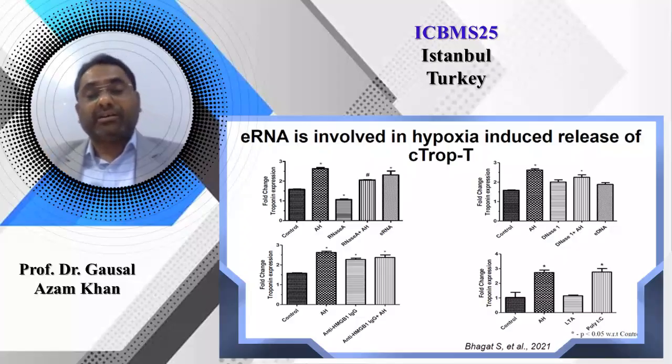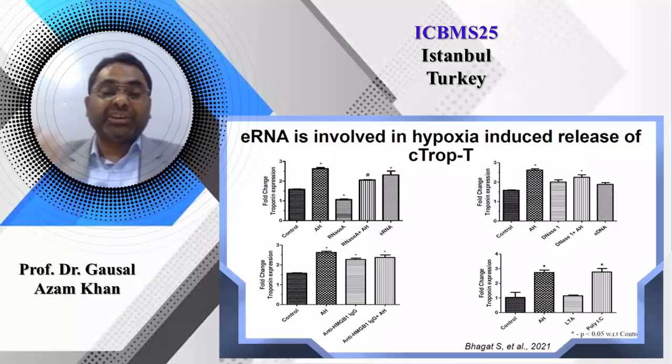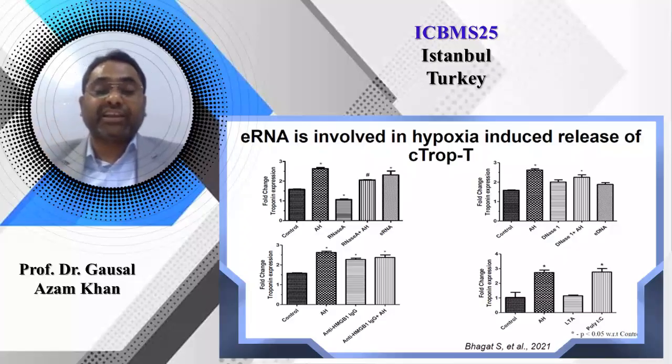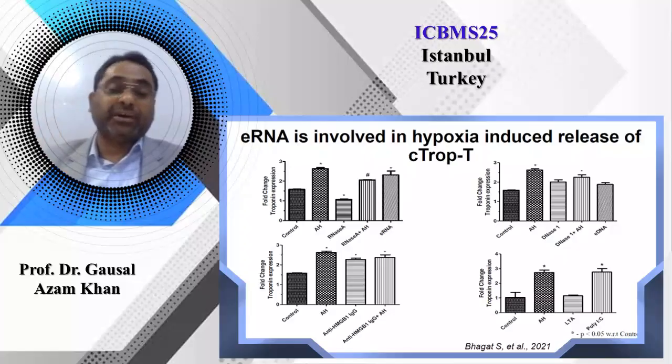We also used other molecules to rule out whether HMGB1, another sterile inflammatory molecule, was involved. Pharmacologically, we injected the animals with HMGB1 and also its inhibitor. This suggests that the troponin T release on exposure to hypoxia is mainly due to eRNA, not HMGB1.